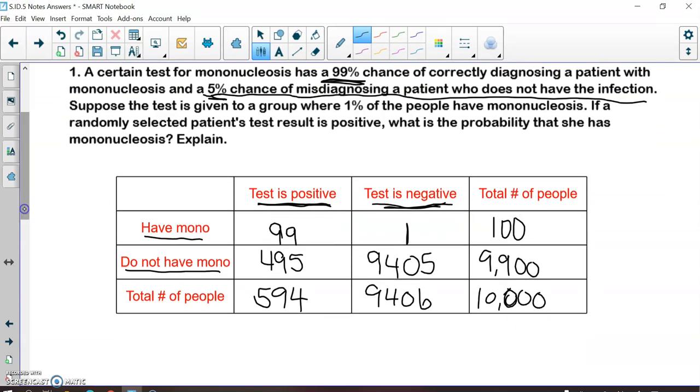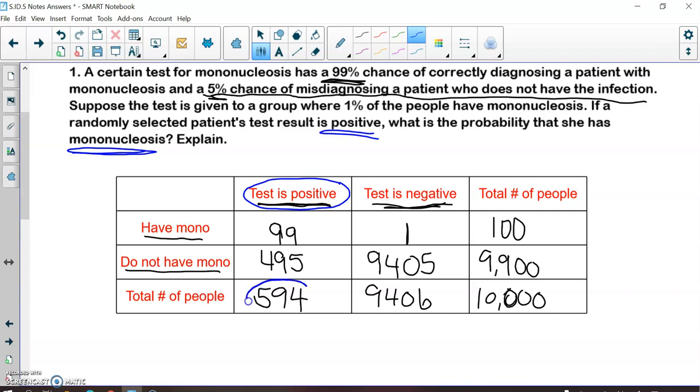All right, so the question is, if a randomly selected patient's test result is positive, so we're testing positive, okay, how many of those positive test results would the patient actually have mono? So out of all the positive test results, how many actually do have mono?